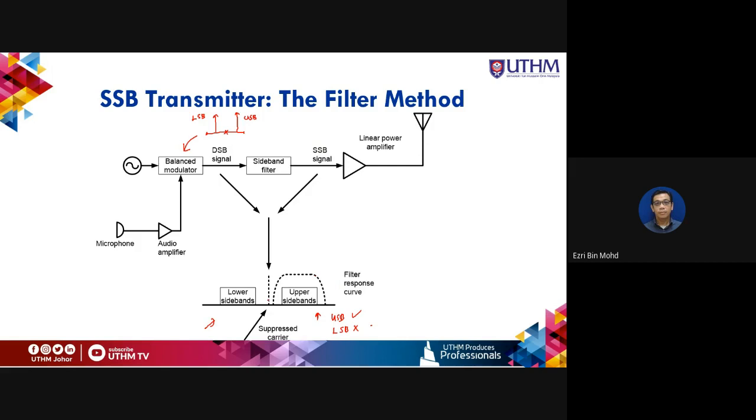Okay, for example, let's say FC here is equal to 100 megahertz. And then here, let's say the upper sideband bandwidth starts from 100 megahertz to 110 megahertz.